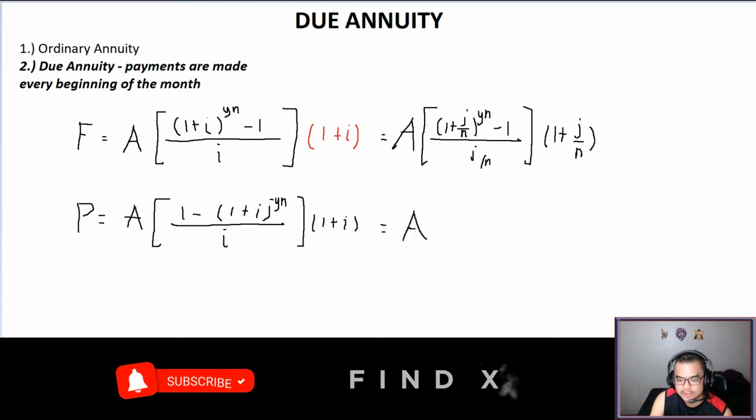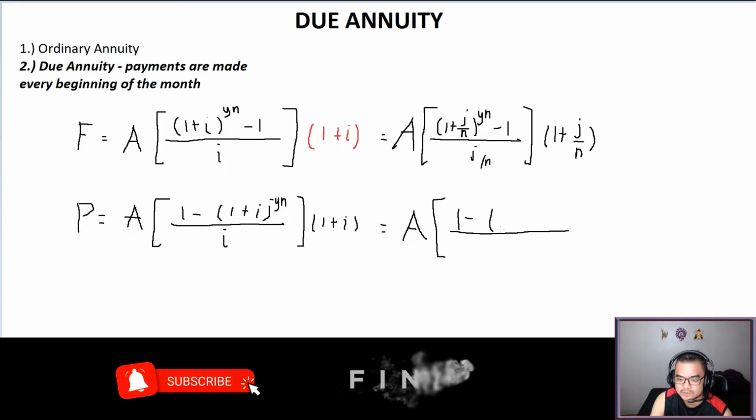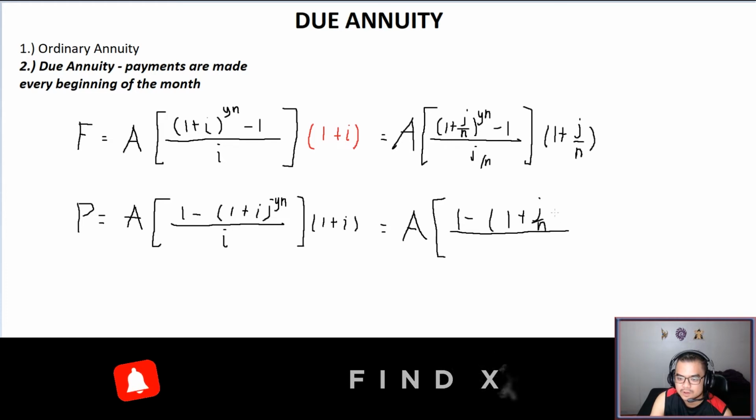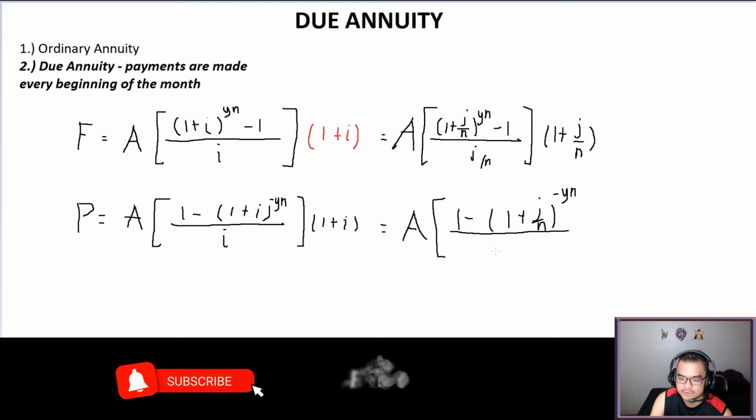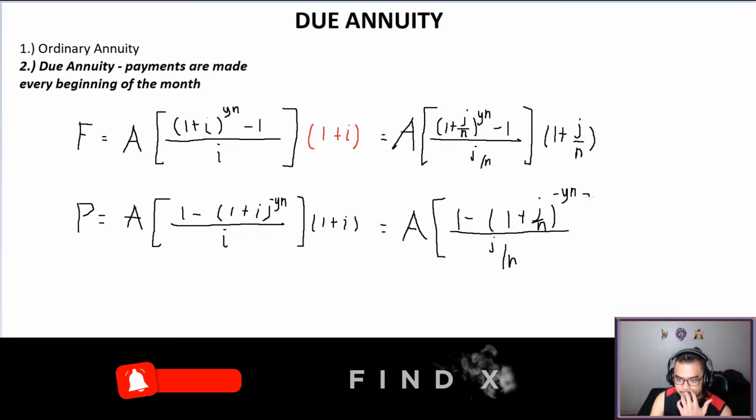You can also write this in terms of the nominal rate of interest. You can have here 1 minus (1 plus j over n) raised to negative yn, all over j over n, times 1 plus j over n.